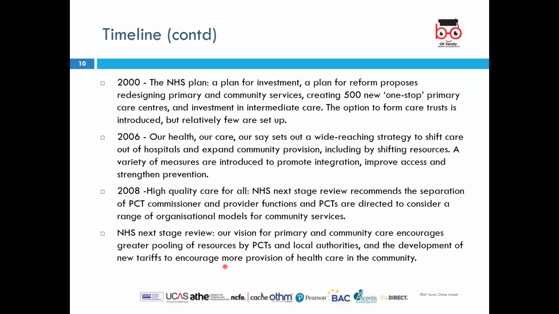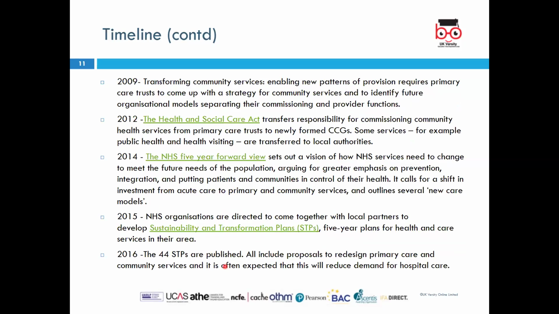The NHS Next Stage Review is that our vision for primary and community care encourages greater pooling of resources by primary care trusts and local authorities, and also the development of new tariffs to encourage more provision of healthcare in the community. 2009, there was Transforming Community Services that enabled new patterns of provision, which requires primary care trusts to come up with a strategy for community services and also to identify future organizational models, separating their commissioning and provider functions. 2012, you had the Health and Social Care Act, which moved responsibility for commissioning community health services from primary care trusts to newly formed CCGs.